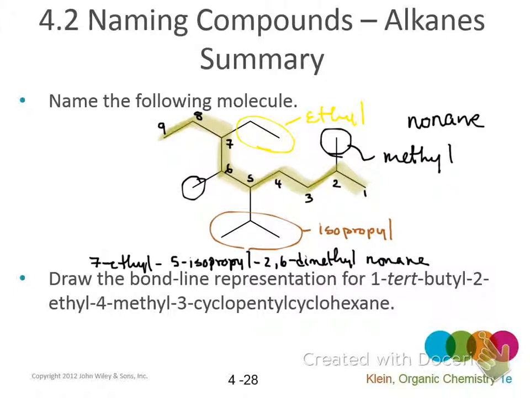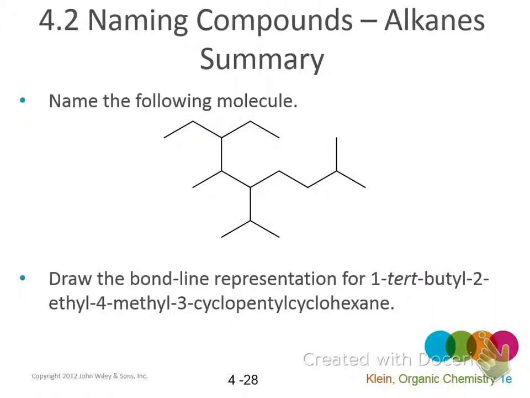I should have made a whole blank slide for this with the name on it. Let me do it on top. I'll clear the slide. So cyclohexane, so let me draw a cyclohexane. There's nothing on it, right? It's the parent. Number it wherever you want to start. So 1, 2, 3, 4, 5, 6.